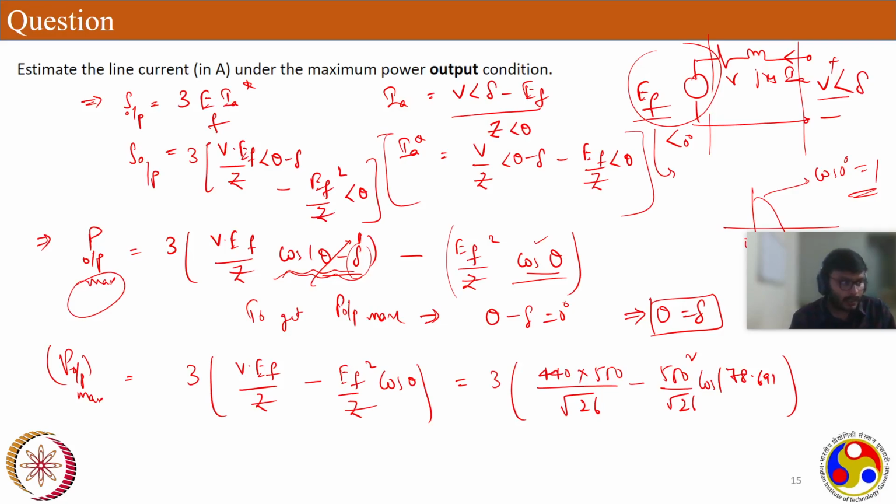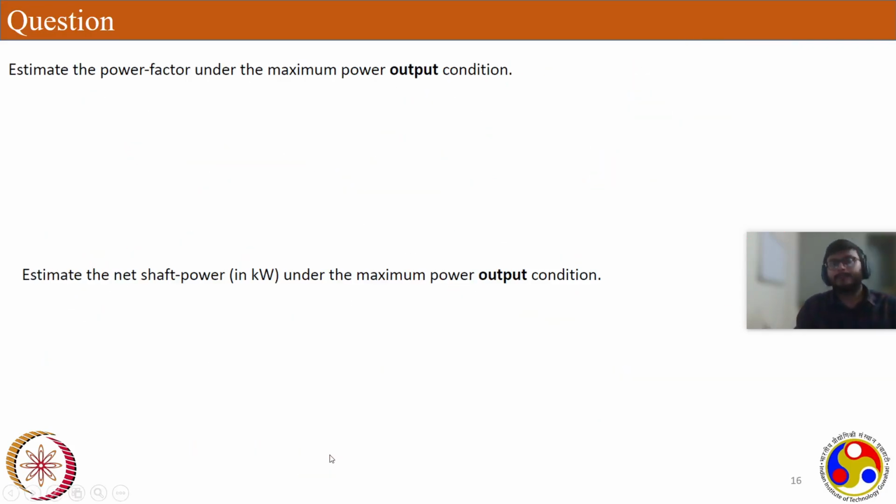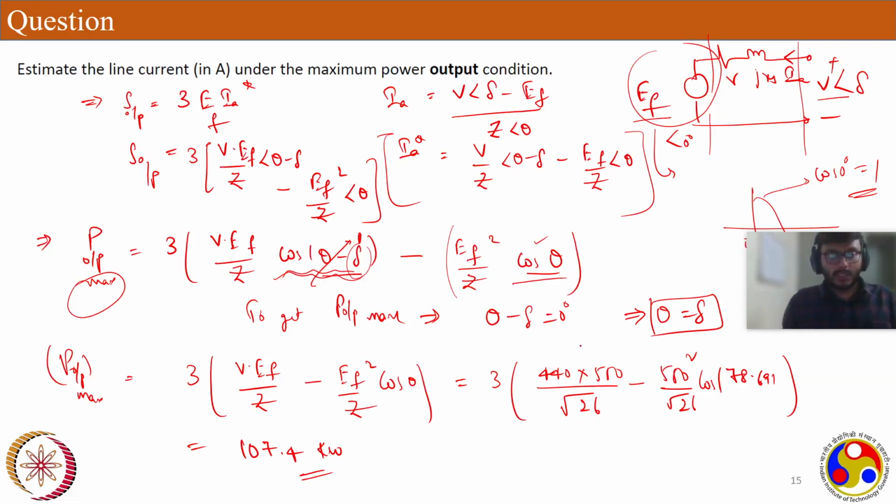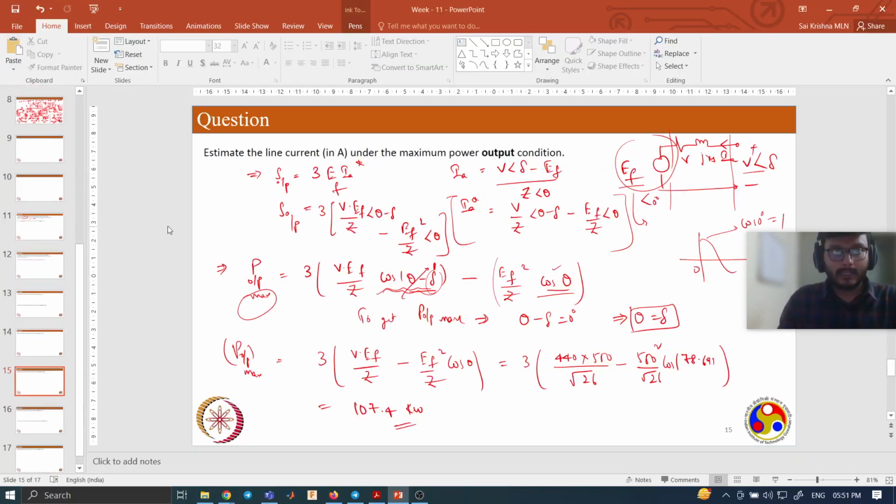So it's coming out to be 107.4 kilowatts. Okay. So this is the shaft output maximum power we can get. Now let's see. This question is not completed. We have to find the line current under this condition.